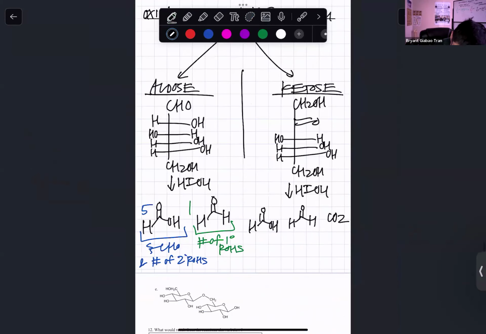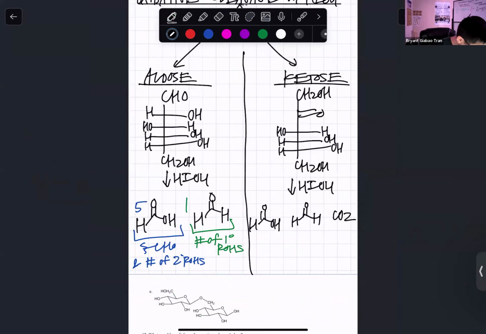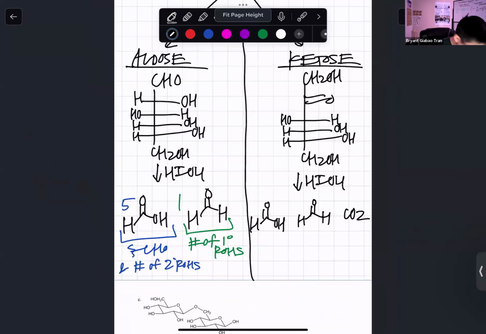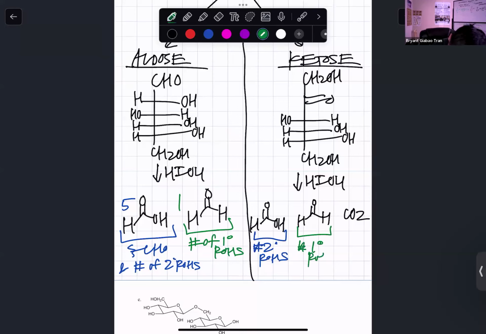So to quantitatively determine how much of each we're going to get, the formic acid is going to come from the number of secondary alcohols. The formaldehyde is going to come from the number of primary alcohols. And then the carbon dioxide is going to come from the carbonyl of the ketone, right?